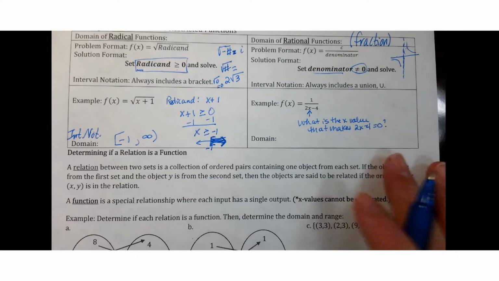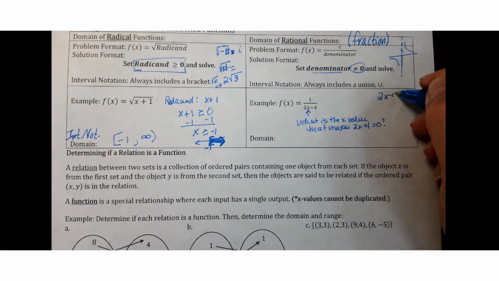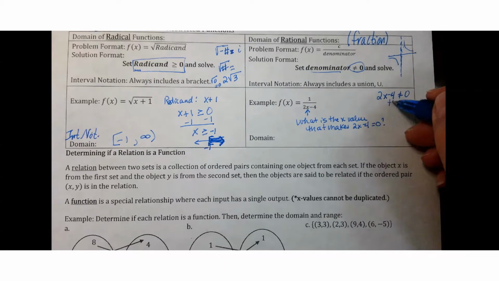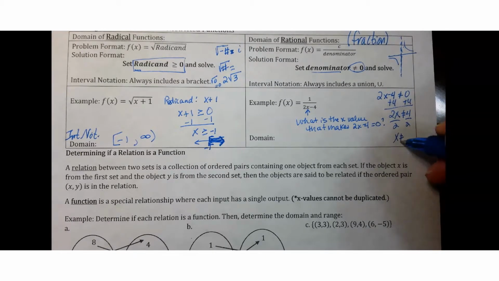We're saying, ooh, 2x minus 4 cannot equal 0, because if it does, it's undefined. So let's see what that x value is. That x value is 2.